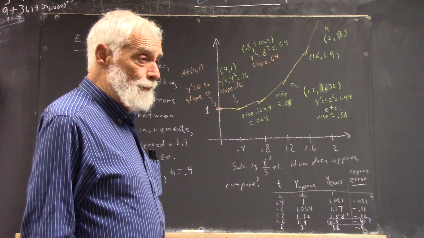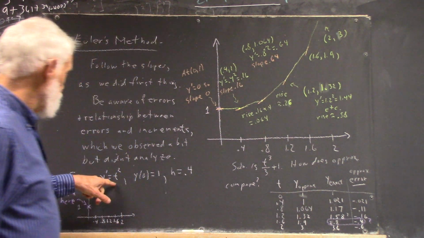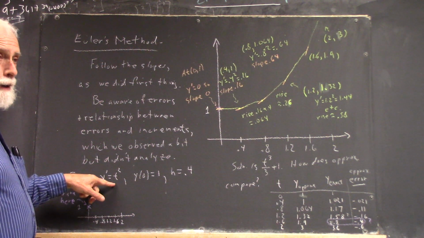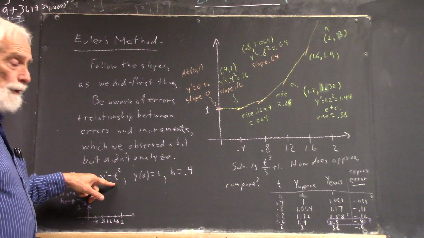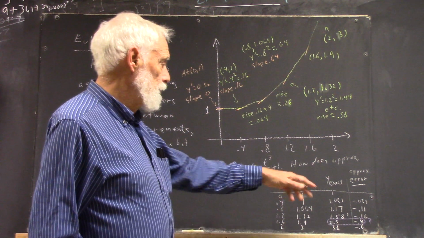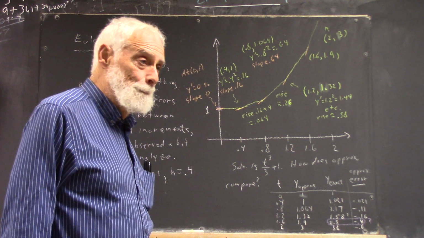Now, I'm not doing a more complex approximation because you've already done them. You already know how to do it. So we're just sticking with easy ones that I can more or less get right in my head.